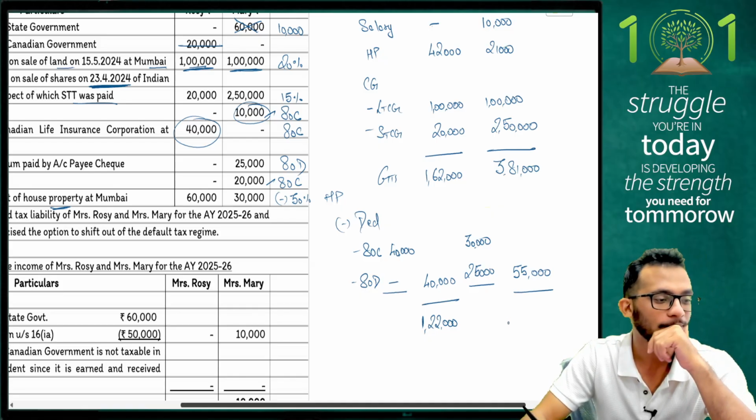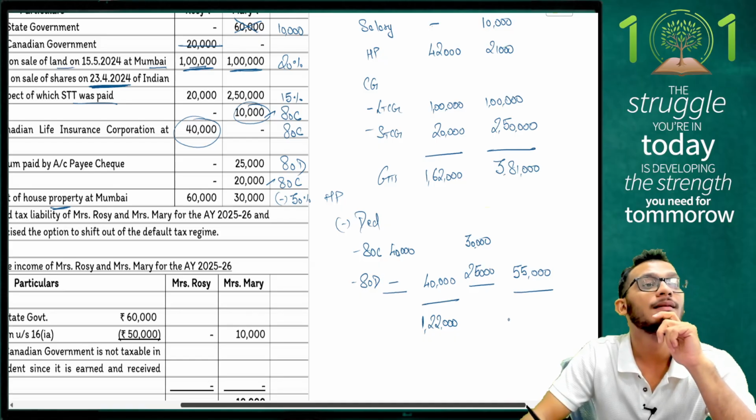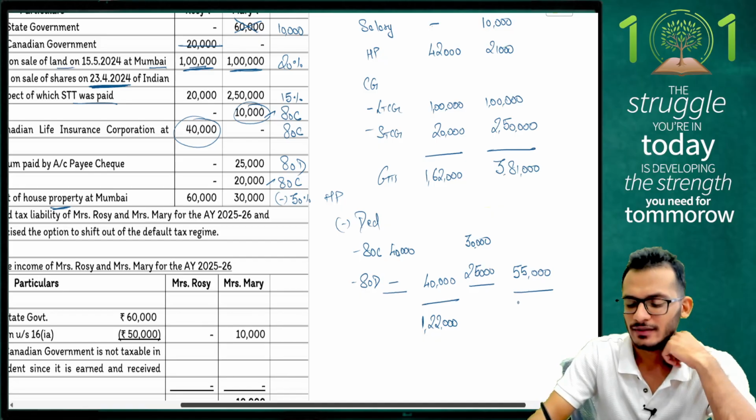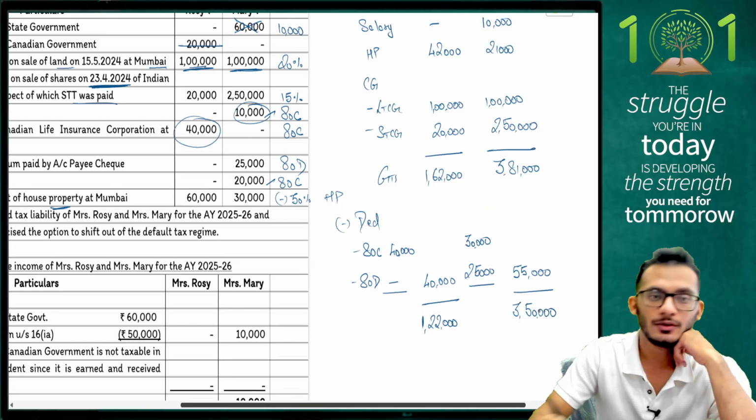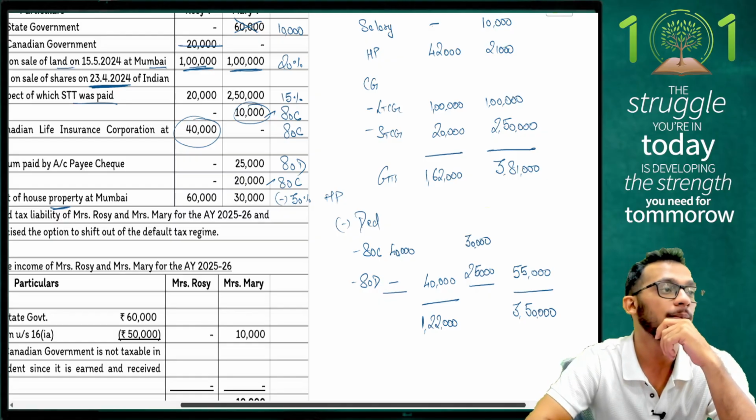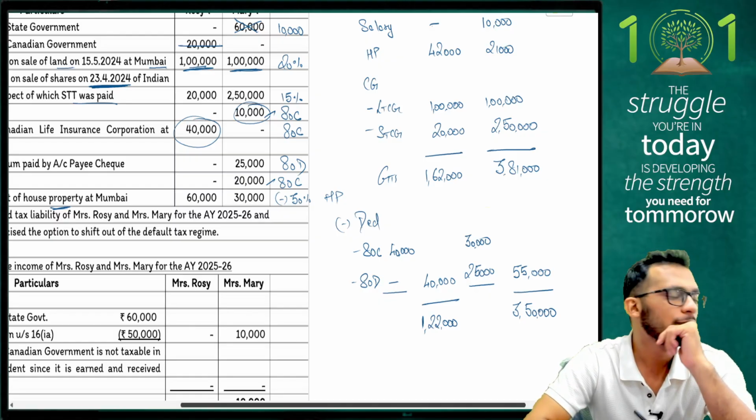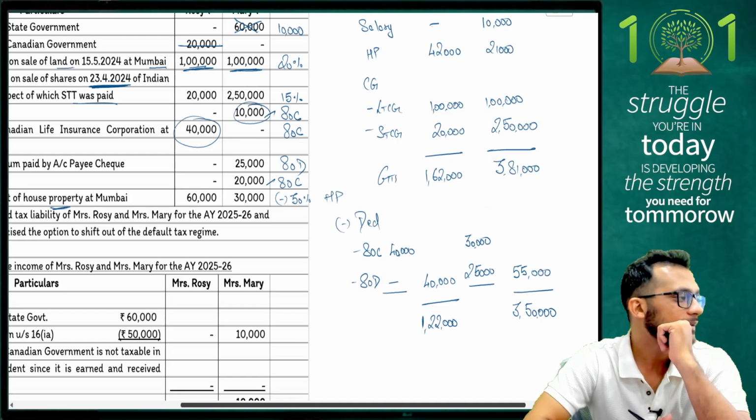Why 3 lakh? Very good. You cannot claim Chapter 6A on CG. You can only claim it on slab incomes.